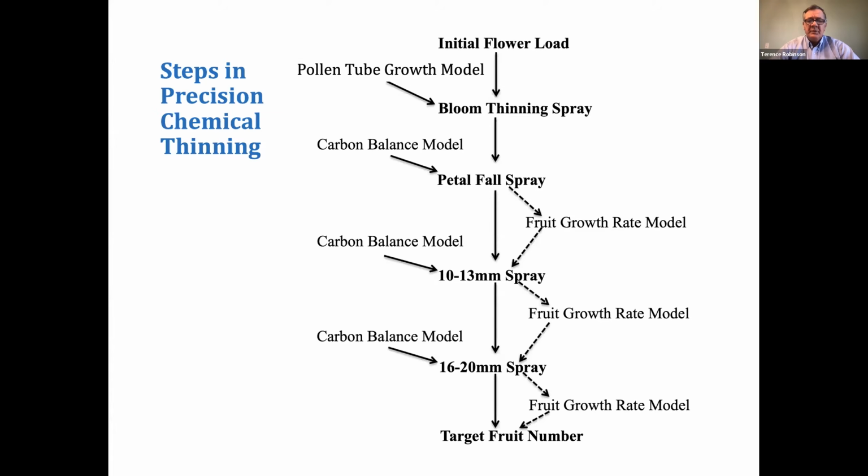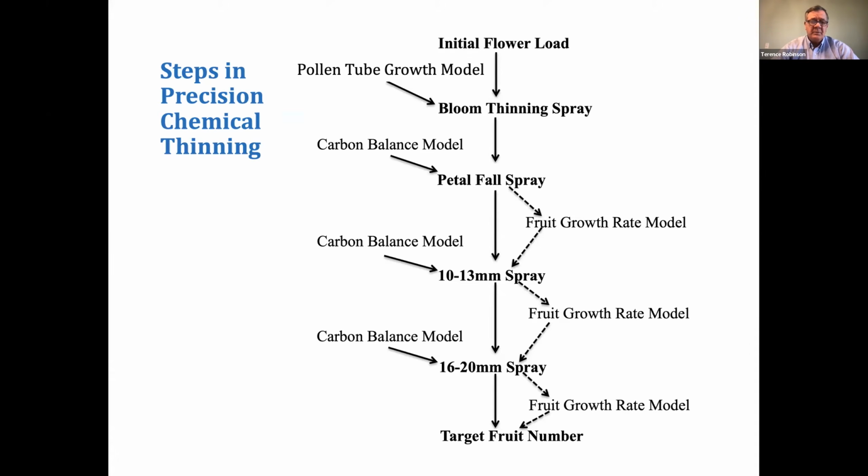So for each one of those succeeding sprays, we use the carbohydrate model to guide us in both those two decisions. But after each spray, we use the fruit growth rate model to try to determine what happened with each of those sprays to guide whether or not we spray again.